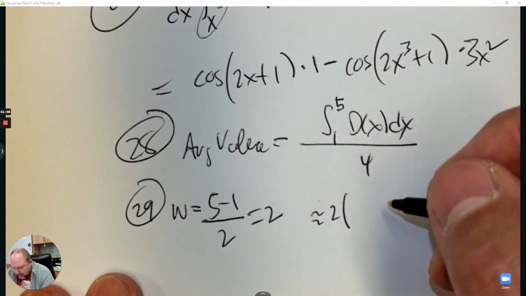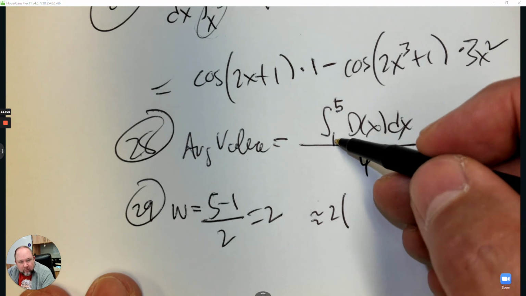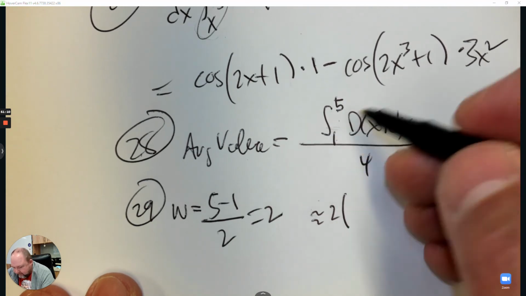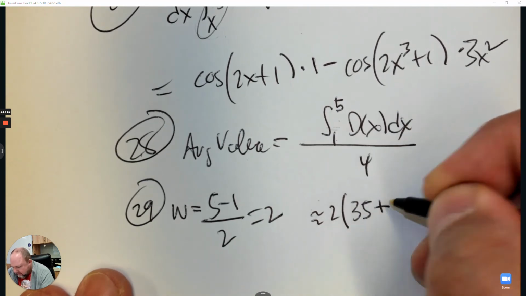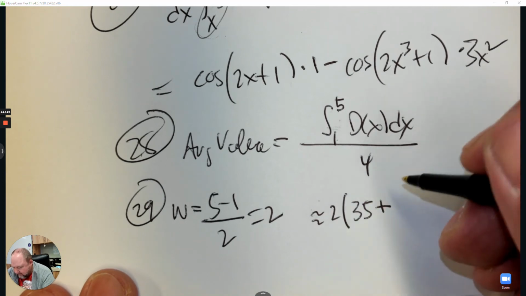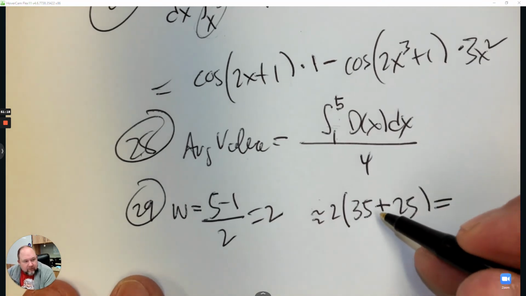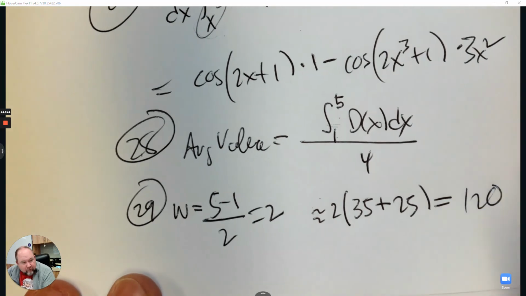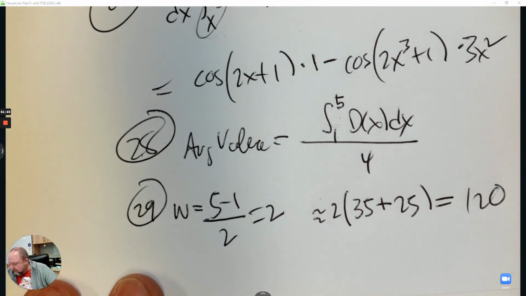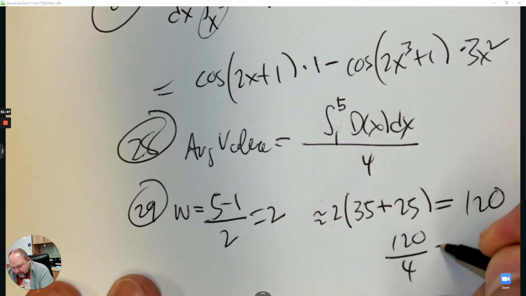And then a midpoint, we go 1 to 3, and the middle would be the 2 value. So 35. And then 3 to 5, and the mid value would be 25. This is what? 50, 60 times 2. It's 120. And then if you take that area to approximate it, you take 120 divided by 4.